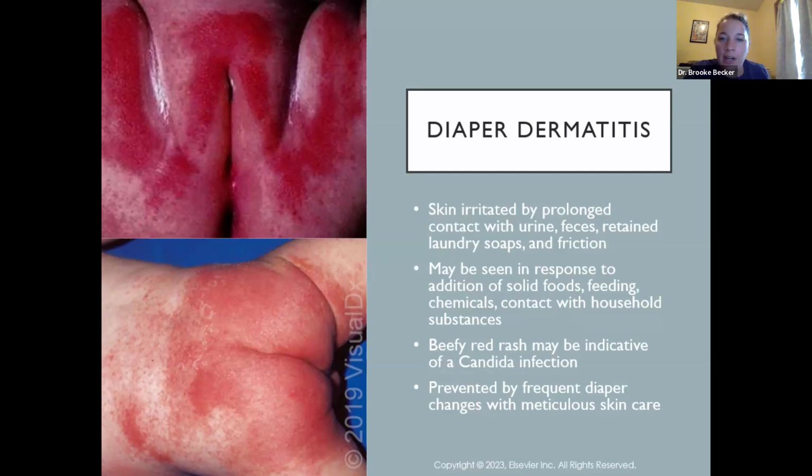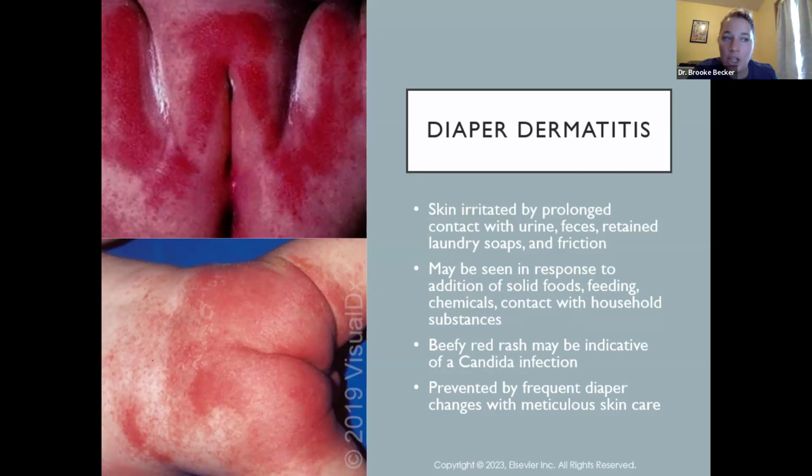Or if they're in contact with chemical irritants. So if they're irritated by their diaper, you know, if there's a scent to their diaper, a scent to their diaper wipes, then you can see diaper dermatitis happen. And if it's really beefy red, like these two pictures, a lot of times that's going to be a candida infection, so a yeast infection as well.